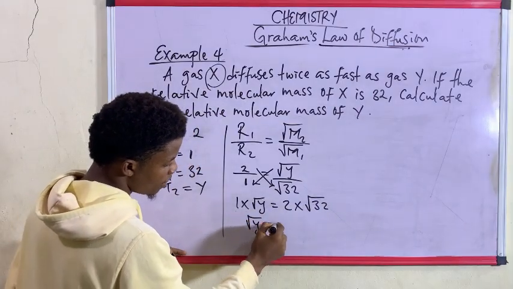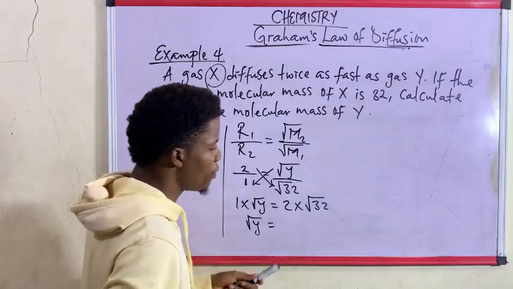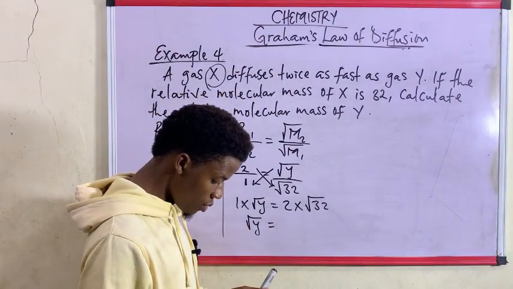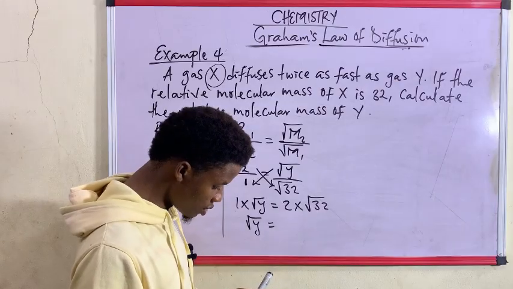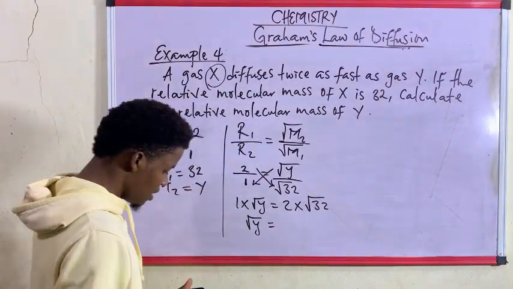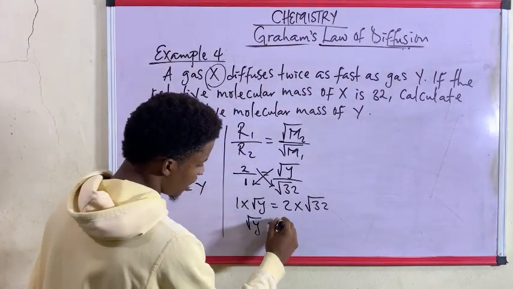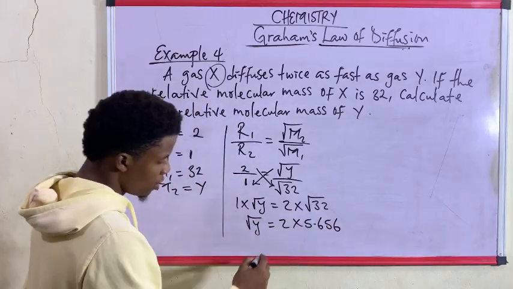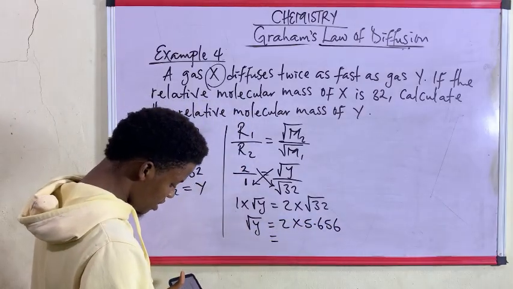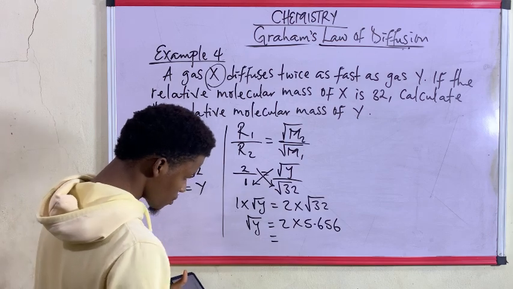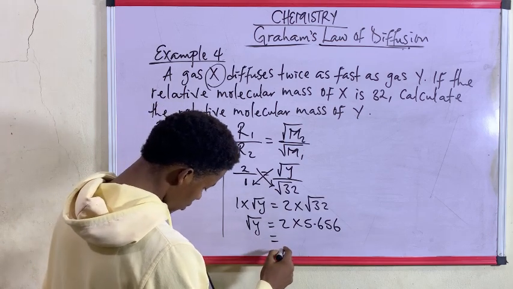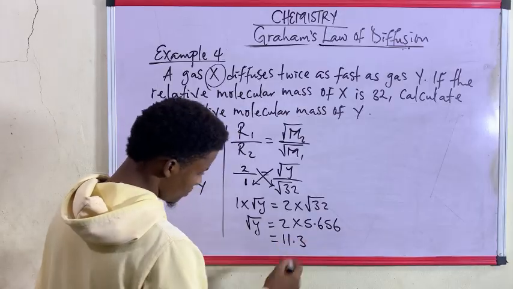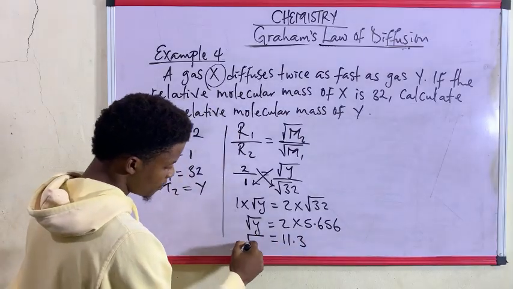So if we break this, 1 times root Y is root Y, equals, now if we break down root 32 in our calculator, root 32 is 5.656. So that's 2 times 5.656, so 2 times 5.656 will give us 11.3.